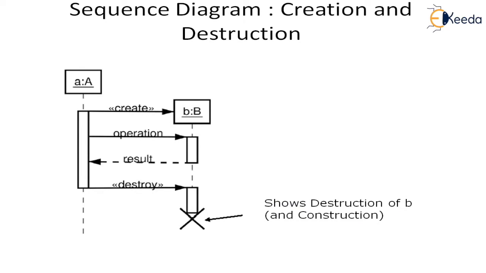This shows the sequence diagram creation and the destruction. So here, this is object A of class A, and this is object B of class B. So this is sending a message. So some sequence diagram is getting created, and some operations.